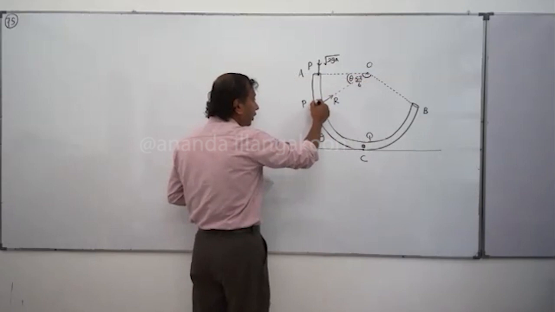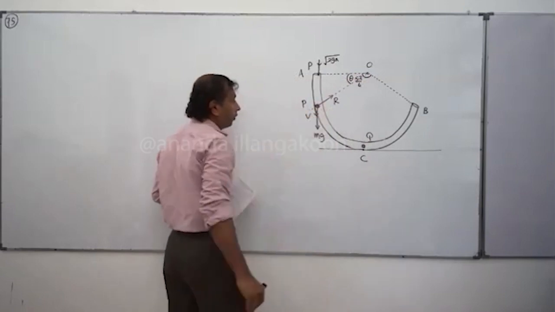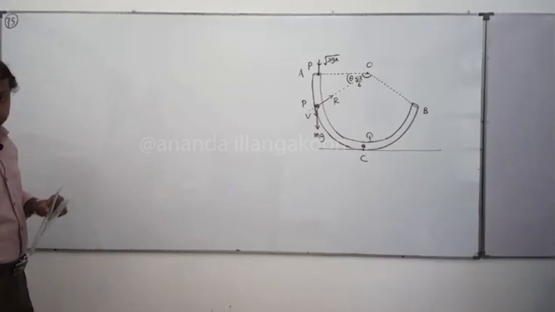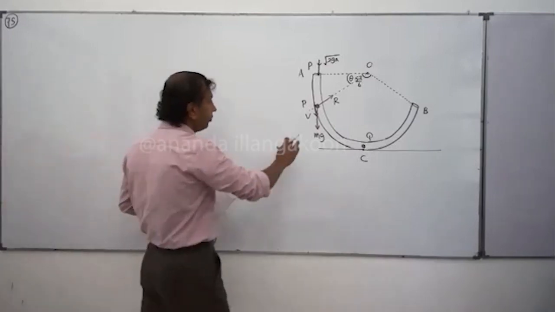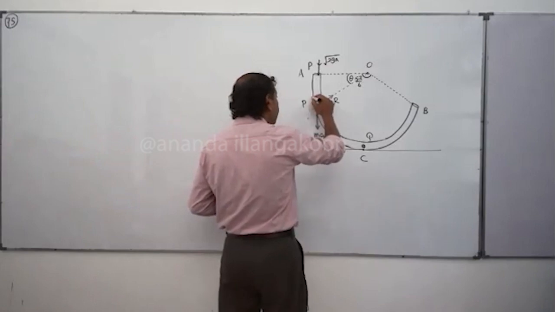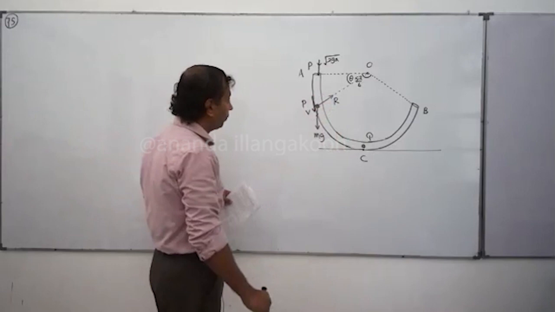The velocity of the particle P is V, and that velocity acts along the tangent.